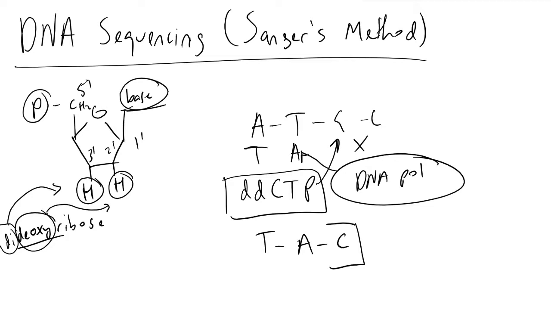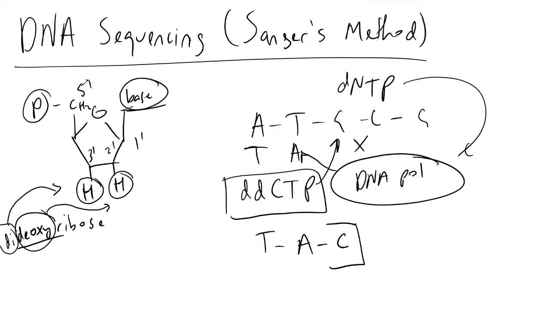Of course, we would also have dNTPs present. So if our sequence had another G, for instance, it would be more likely that DNA polymerase would add the correct dCTP to this G, and we could continue sequencing.